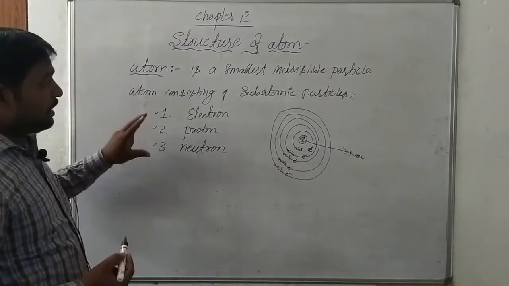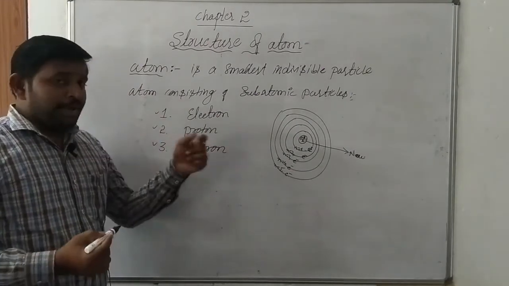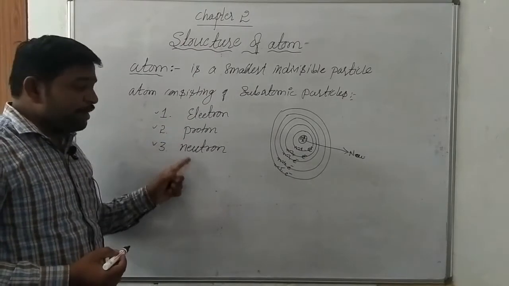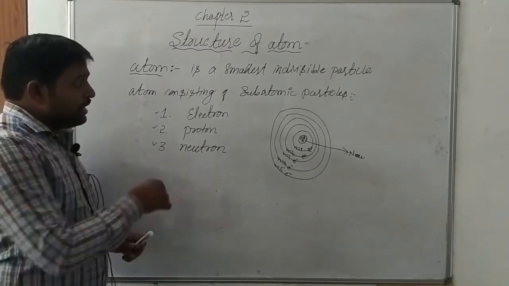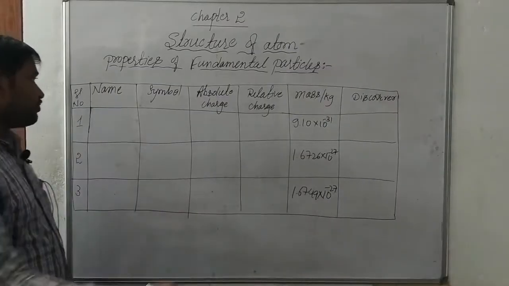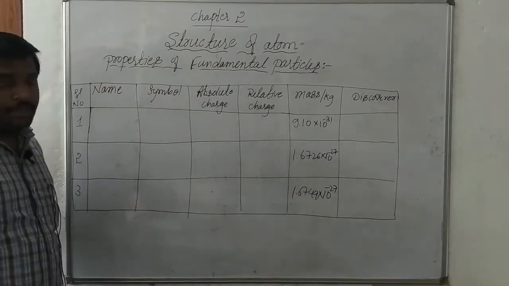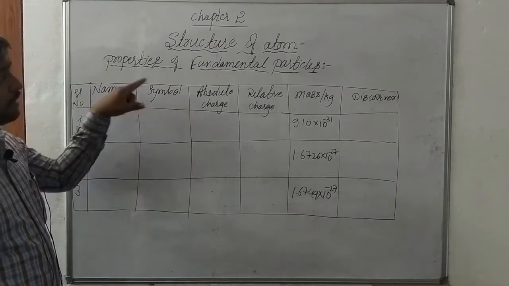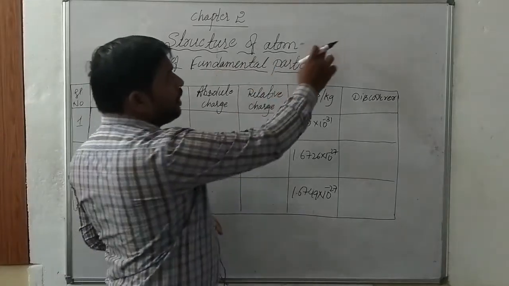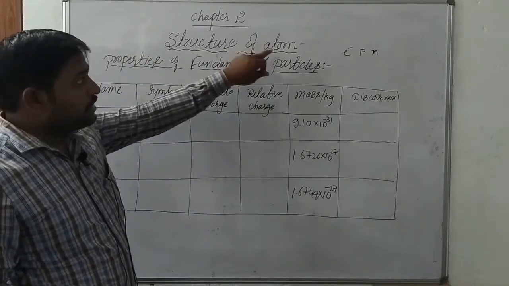Dear students, now let us consider the properties of subatomic particles. Now let us consider the properties of fundamental particles. The electron, proton and neutron are the fundamental particles of an atom.